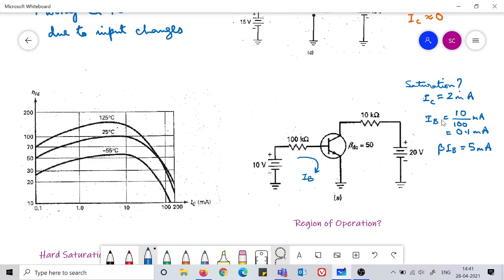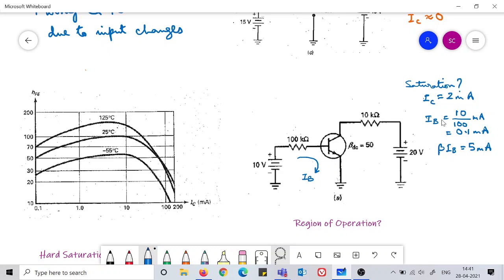There is a saturation region, then there is the active region. So before reaching the active region, it is in the saturation region. And in the analysis here, this IC is lower than this active region current.